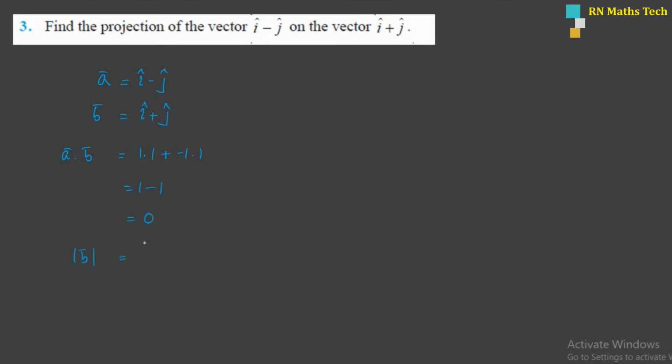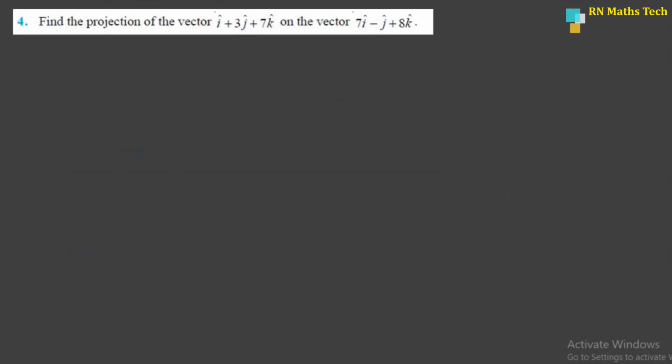Mod b bar equal to root of 1 plus 1, root 2. Projection of a bar on b bar is equal to a bar dot b bar divided by mod b bar, that is 0 divided by root 2, which is equal to 0.